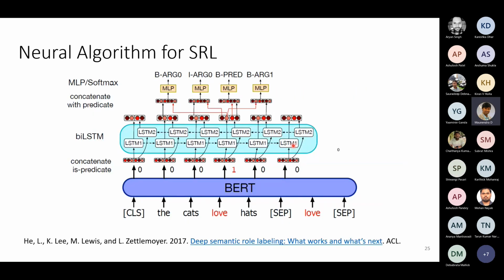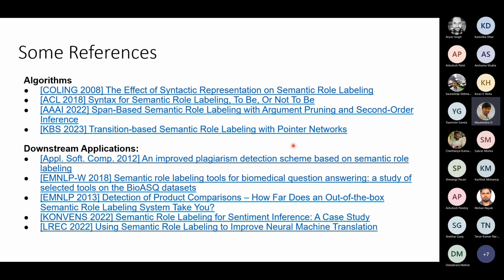These are some simple algorithms that I have listed down. There are many sophisticated algorithms, designed from different angles. Here we have listed some of those references, and as you can see, quite a few of them are very recent.